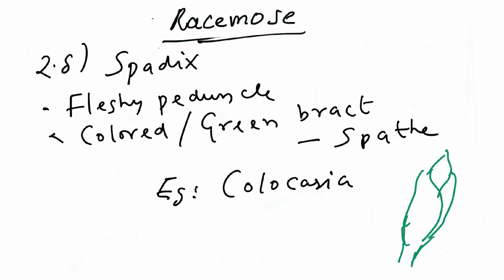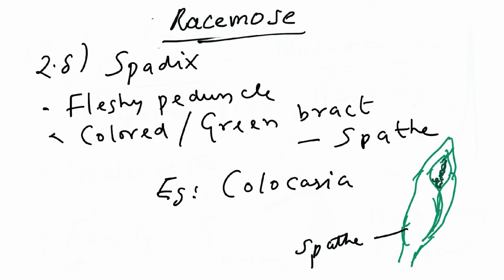For example, if you look at a diagram of Colocasia, in which the spathe is not removed, you can see that a fleshy, very well broadened structure is covering the entire inflorescence.